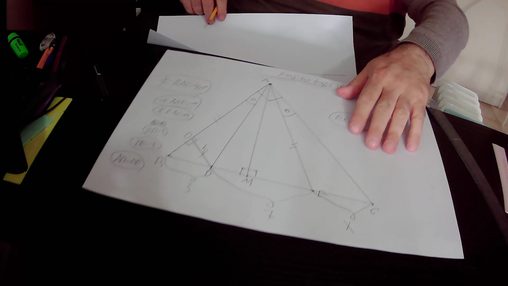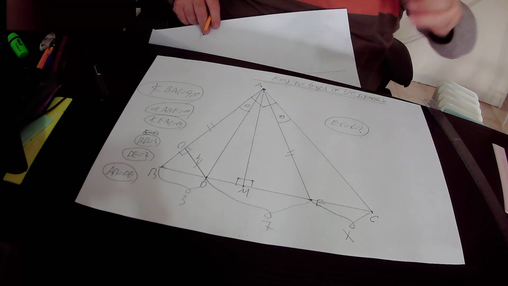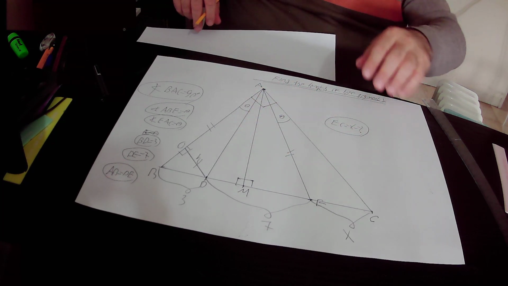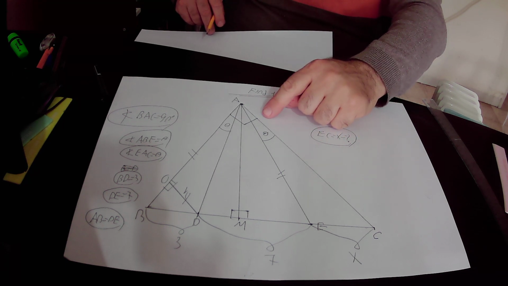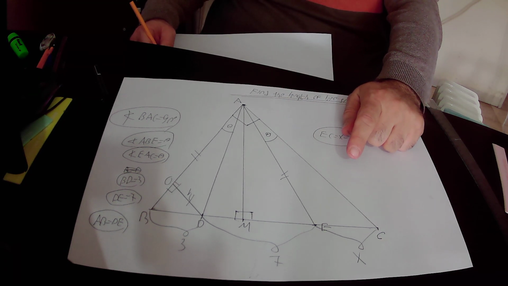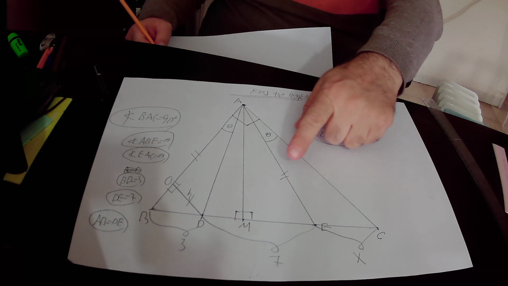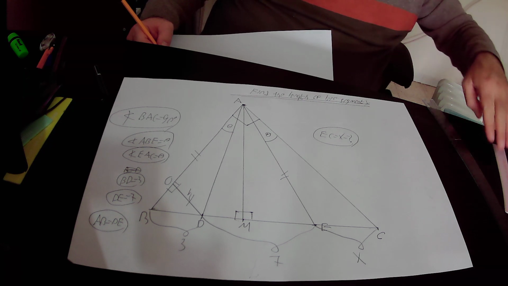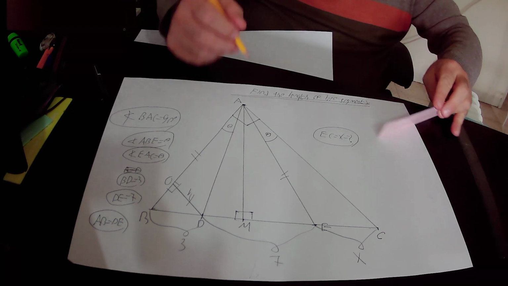We'll calculate the area of triangle ADE, this triangle, in another way. Here the base will be AE, and the height must create 90 degrees with the base AE.